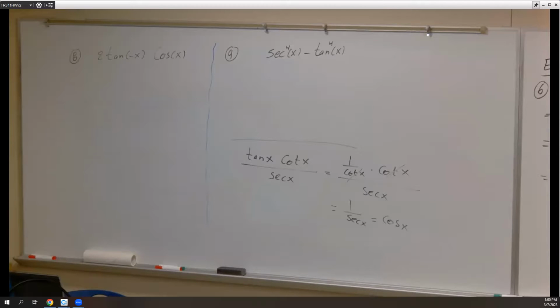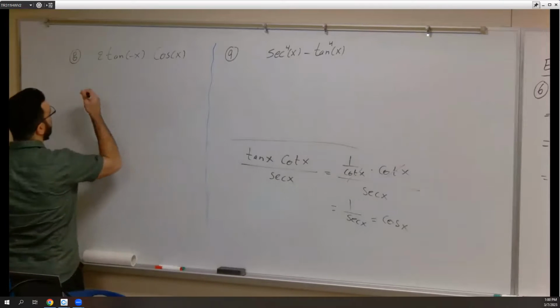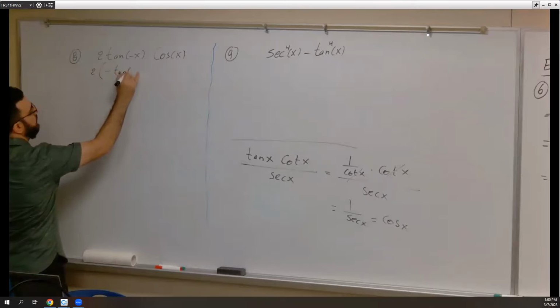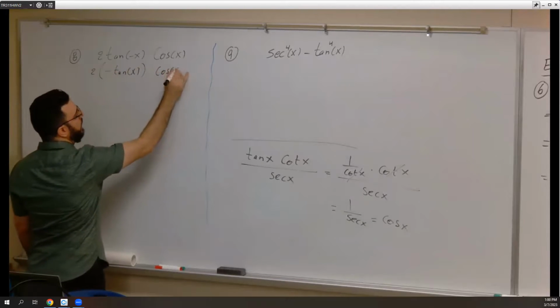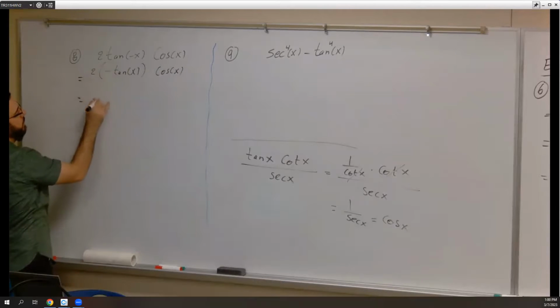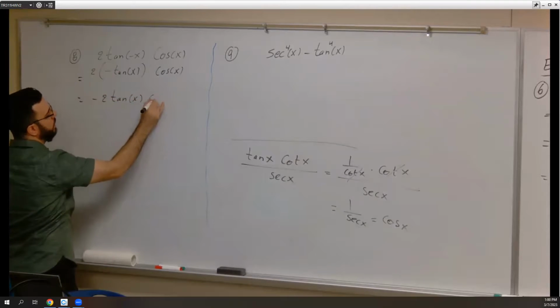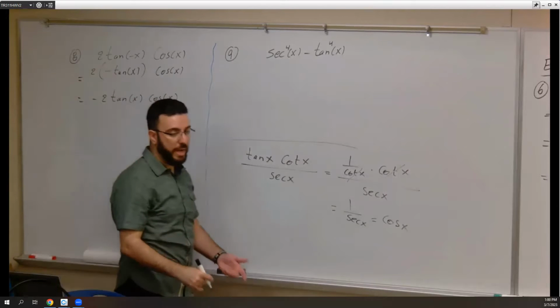So I was thinking it's going to be easier if I say this is 2, and this one is negative tangent x. Yes or no? Yes. Cosine x. So 2 times negative tangent x cosine x. How can I simplify it?